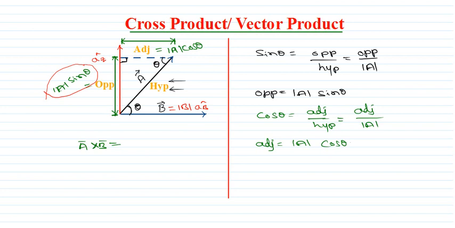If I take these magnitudes together, that is magnitude A into magnitude B sine theta. I can write this is magnitude B, this is magnitude A sine theta. Together I can write magnitude A, magnitude B sine theta, and the resultant is always perpendicular to the plane containing this vector and this vector A. So that is where I can write it as a resultant. A cross B is always equal to magnitude A, magnitude B sine theta into A R. So this is about the cross product and dot product that we have learned.